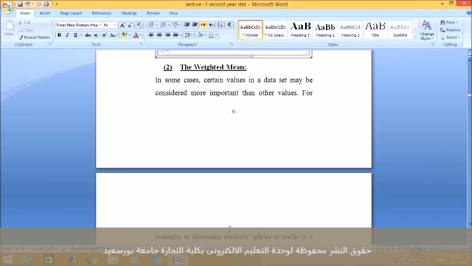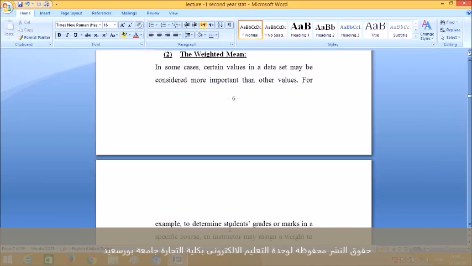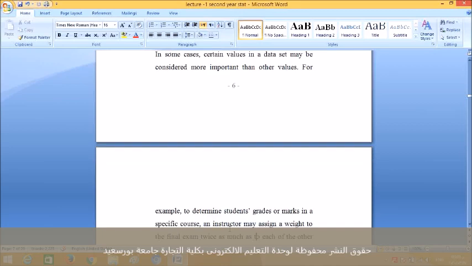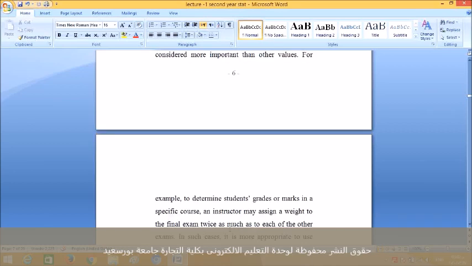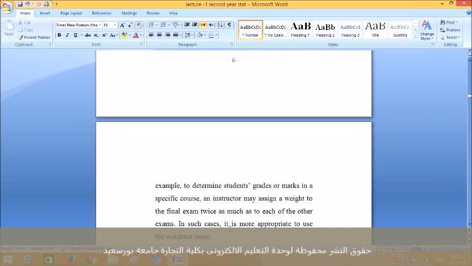For example, to determine students' grades or marks in a specific course, an instructor may assign a weight to the final exam twice as much as to each of the other exams. Okay? In such cases, it's more appropriate to use the weighted mean.